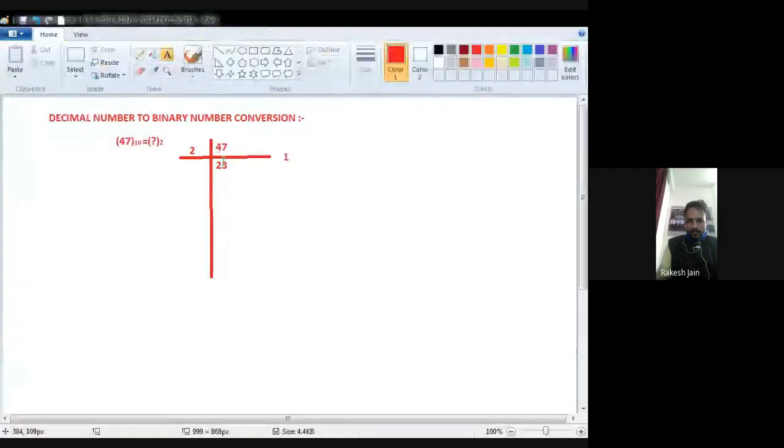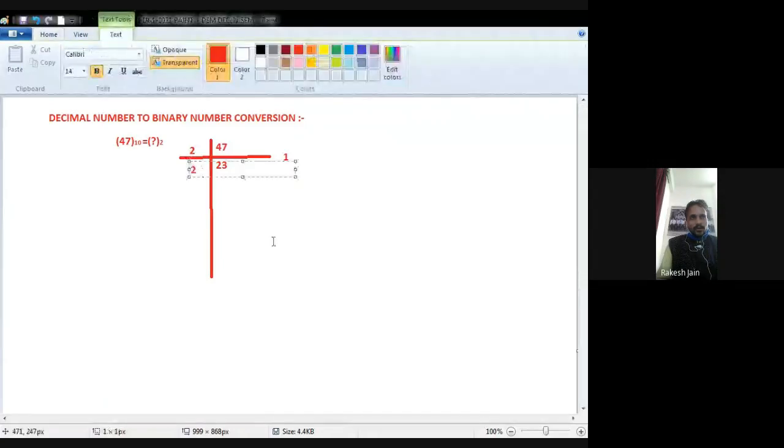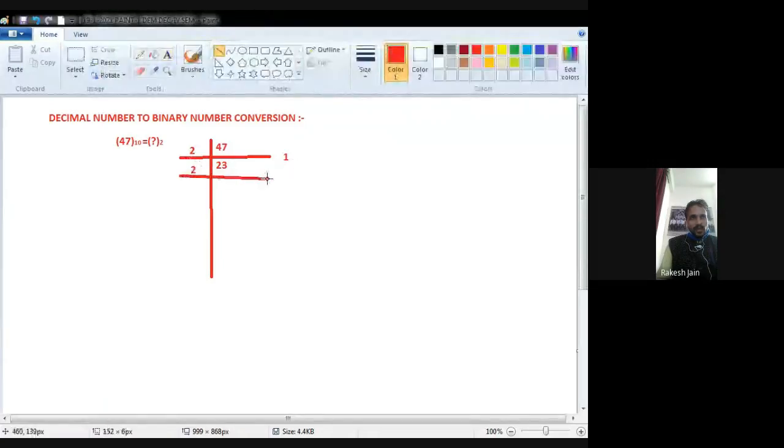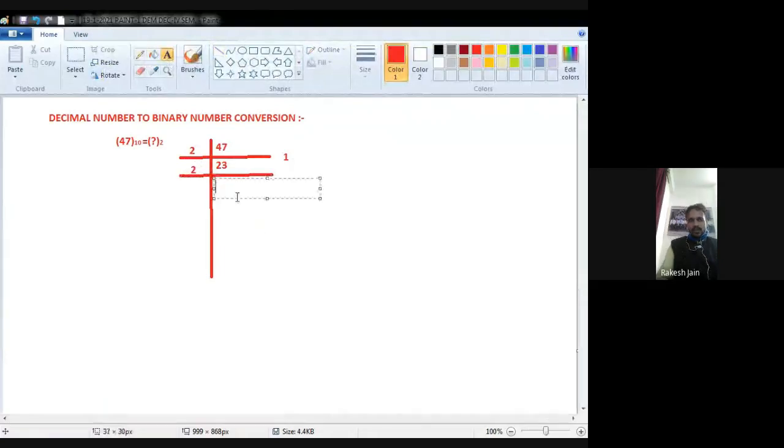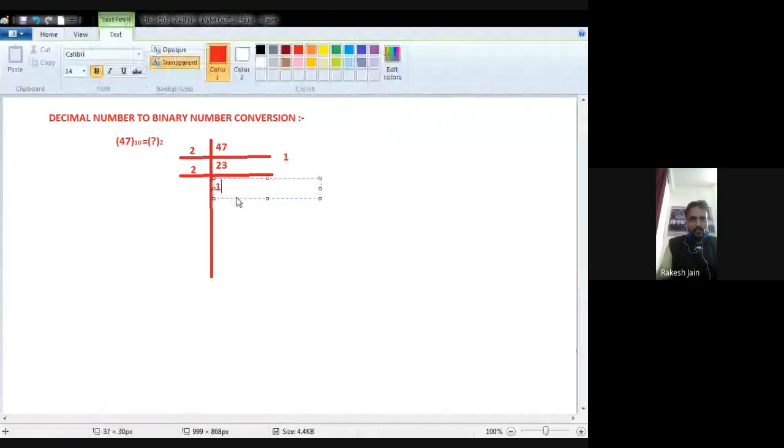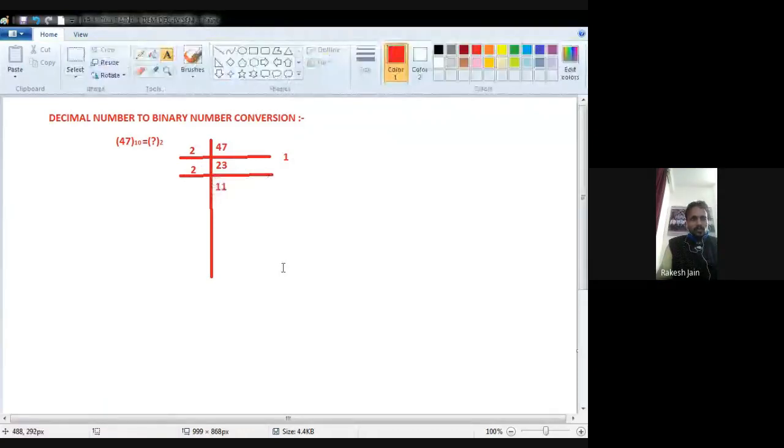The remaining number is 1. Then 23 divided by 2: how many times? 11 times, because 11 multiplied by 2 is 22. So what is the remaining bit? That is 1.